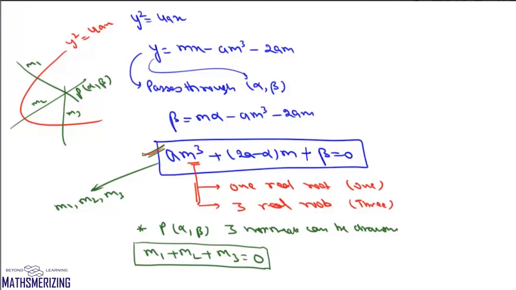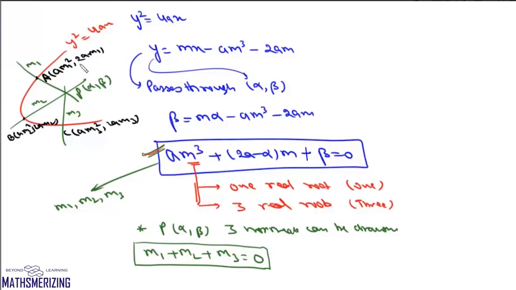So we know that if we draw a normal to a parabola whose slope is m1, then the foot of normal, say in this case it is A, will be (a m1 square, twice a m1). This point is say B, which is (a m2 square, twice a m2), and C, which is (a m3 square, twice a m3).